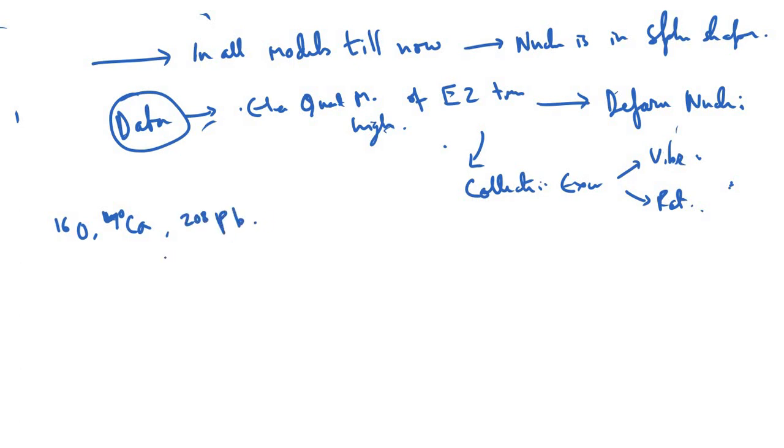Now these are all spherical, fine, which is expected from the high symmetry of closed shells. But as the number of nucleons outside the closed shell increases, the deformation in nuclei increases. Basically what is happening is, I will talk about this a little bit later.